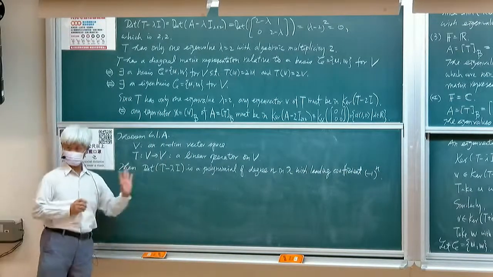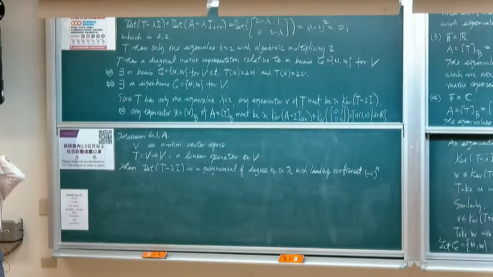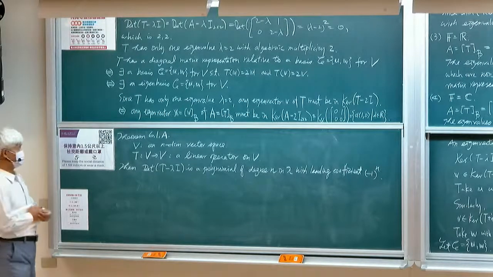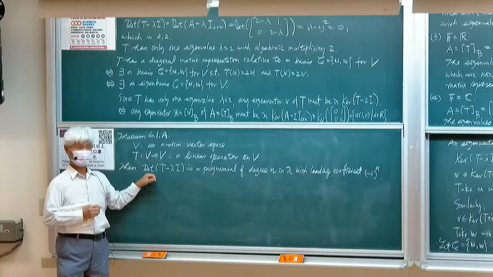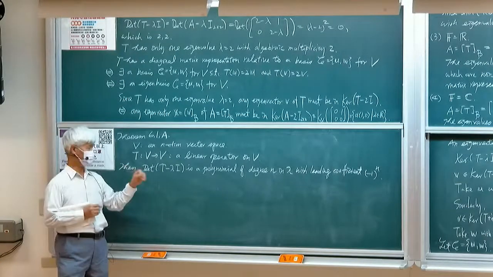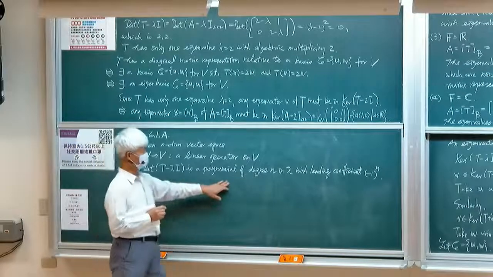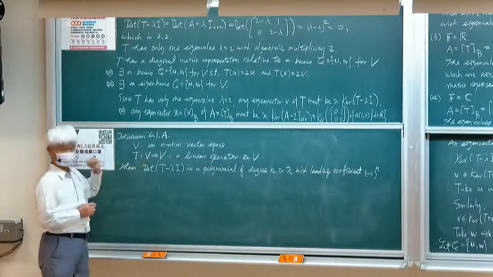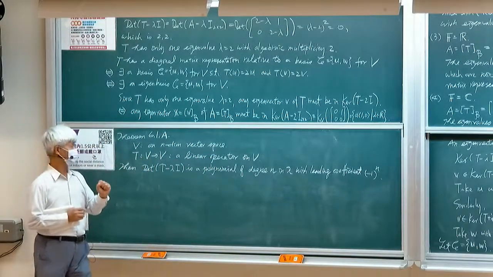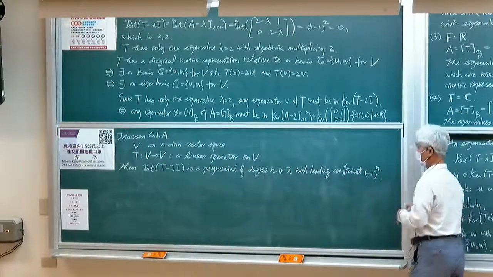This polynomial is fundamental and important, because when we want to know the eigenvalues, we have to solve a polynomial equation. So now we have to characterize this polynomial. The theorem says that it's a polynomial of degree n if the vector space V is n-dimensional, and the leading coefficient is the nth power of -1.